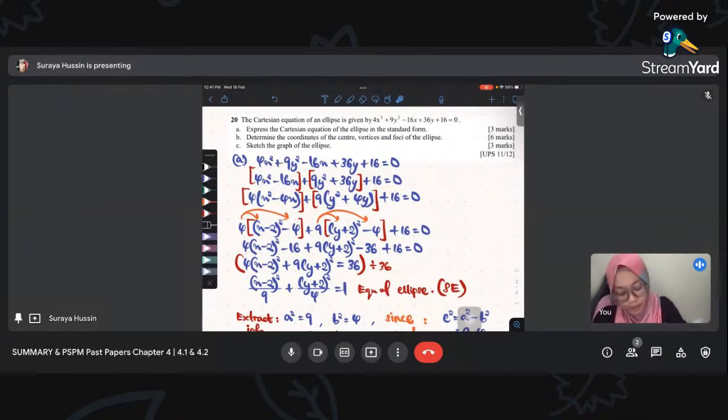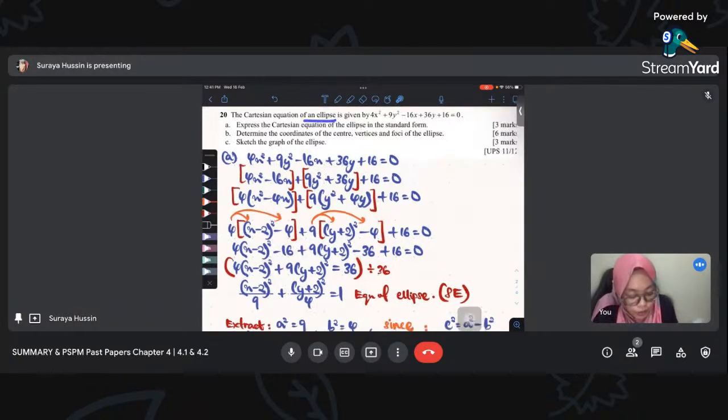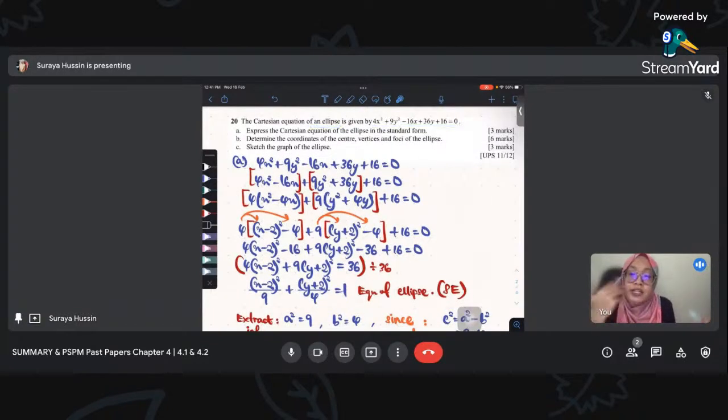Let's begin everybody. So untuk soalan ni kita diberi Cartesian equation of an ellipse, which is this one. I know you'll find this question is a bit hard sebab besarnya nombor dia. Tak apa kalau nombor dia besar asalkan dia boleh factorize. Dia memanglah akan boleh factorize untuk soalan ellipse. You jangan risau, okay?